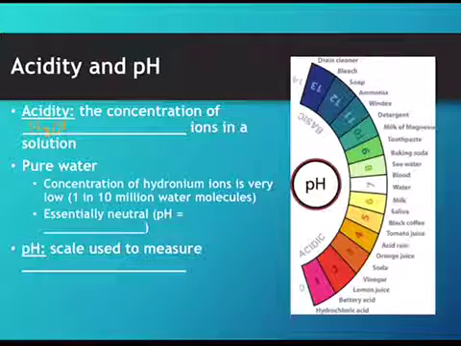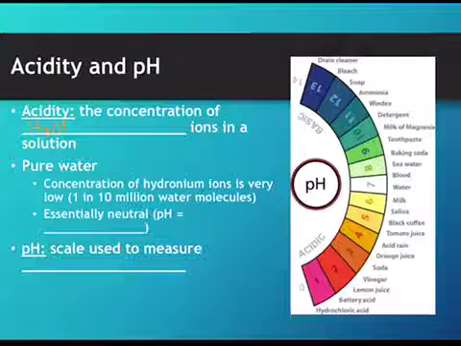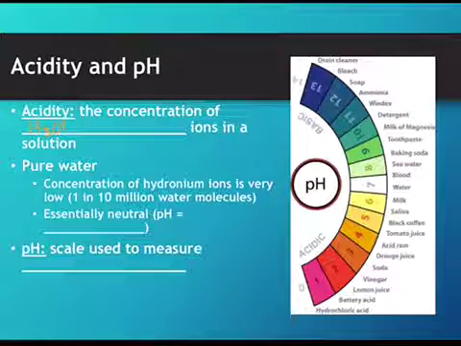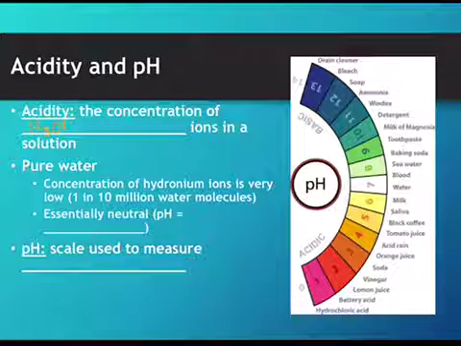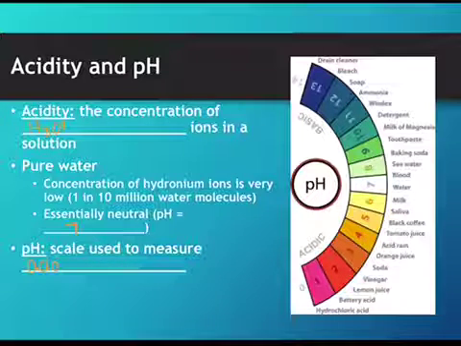Pure water has a concentration of hydronium ions that is very low, like 1 in 10 million water molecules will break down to produce a hydronium ion. So it is essentially neutral, and we give that a pH of 7. And we use this pH scale to measure acidity.